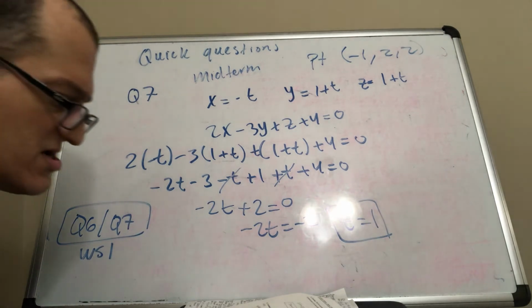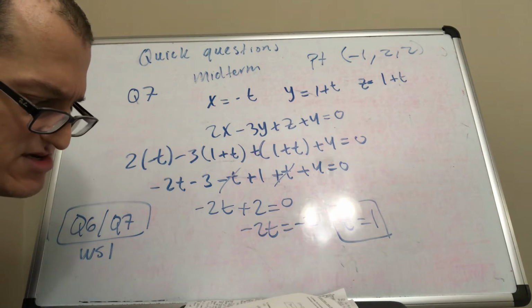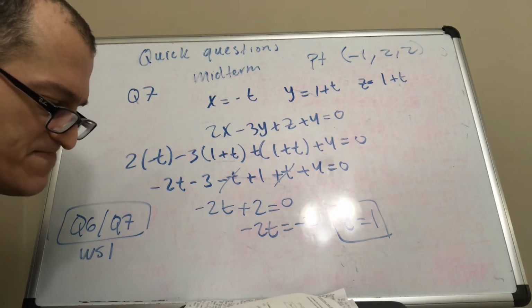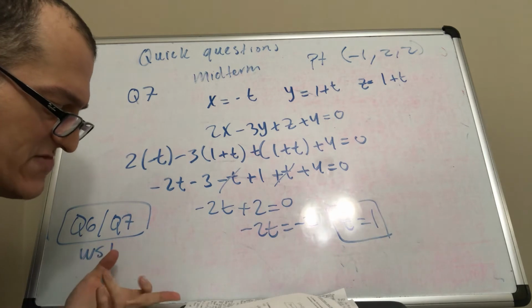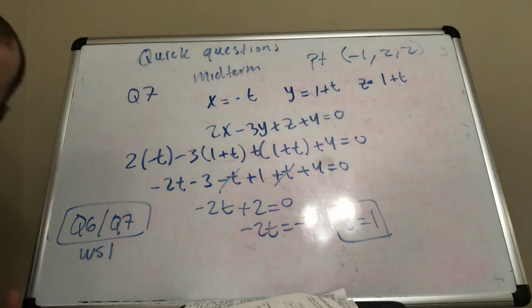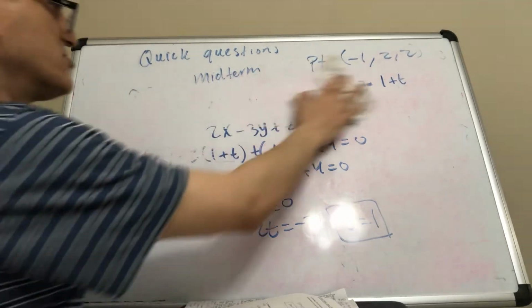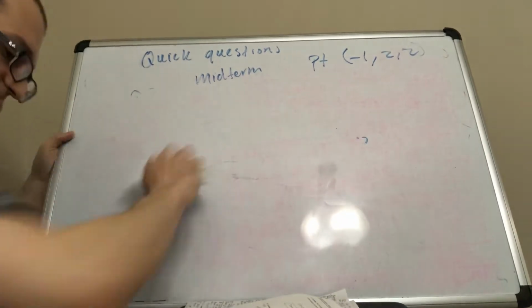The first was the length, and it's a formula, so you just find the derivative. Question 7 also is the equation of the tangent line. If you have a problem with 6, 7, you let me know. Or you know what, let's just go through them quickly. Questions 6 and 7 are worksheet 1 from the midterm.